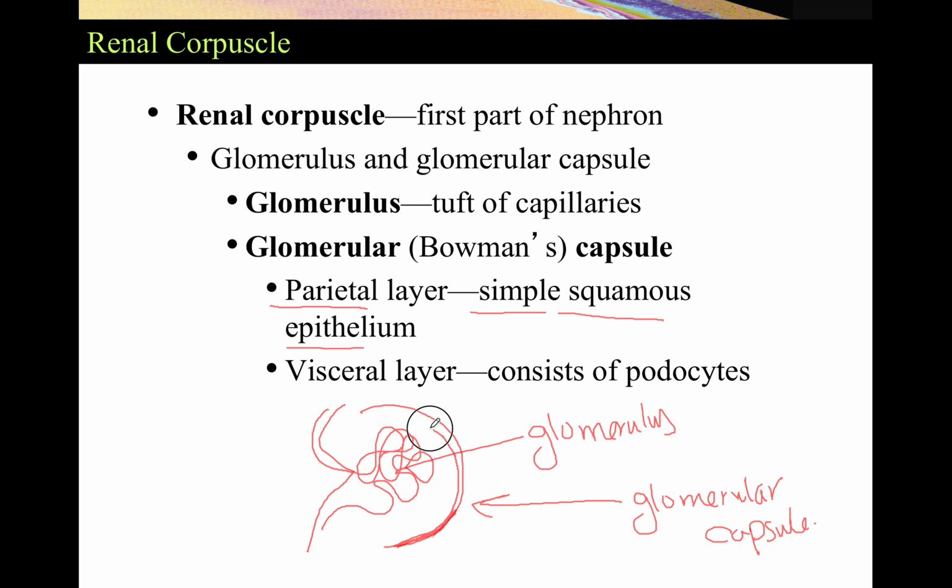Okay, so this layer, I'm going to draw it like this. This layer that I'm drawing right here, this is part of the glomerular capsule, but which part of it? The parietal layer of it. So where is the visceral layer?